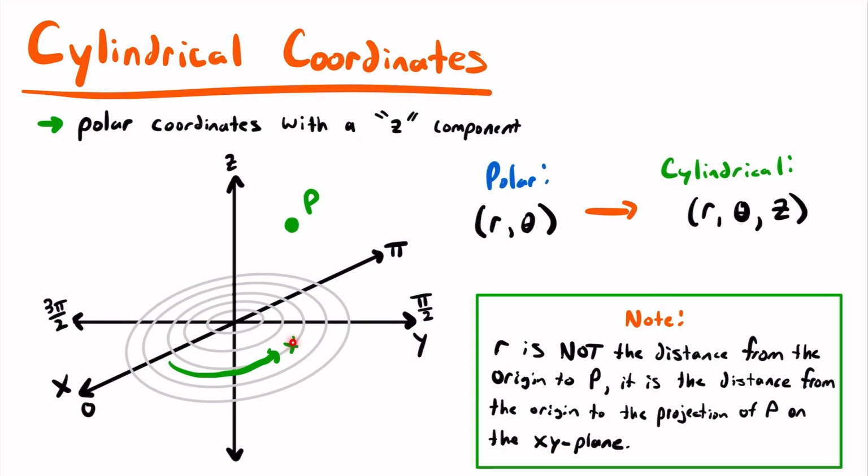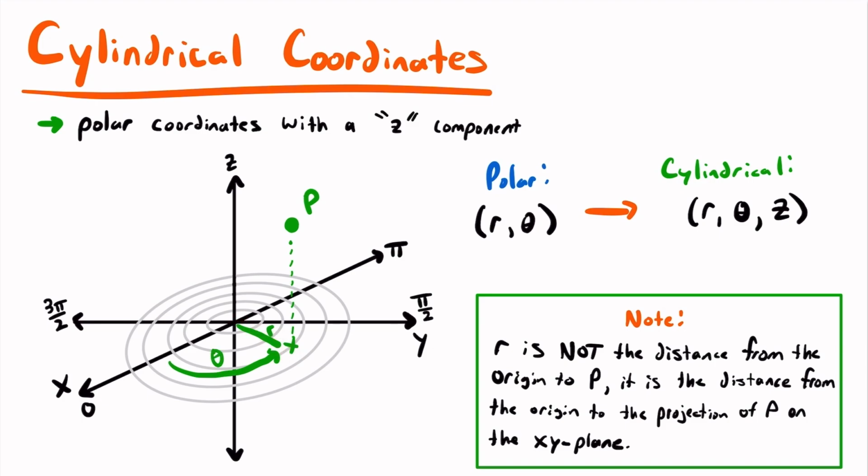This x is going to represent the shadow point or projection of our point in the xy plane. So this is where our polar coordinate would have been, but then we want to shoot it out into 3D space, either up or down along the z-axis, okay? And so that's how we would get to our point. So the radius r is this measurement right here, not this measurement right here from the origin to our point. That is not the radius. This is the radius, and this is theta.